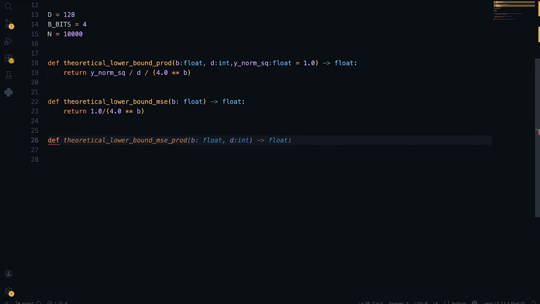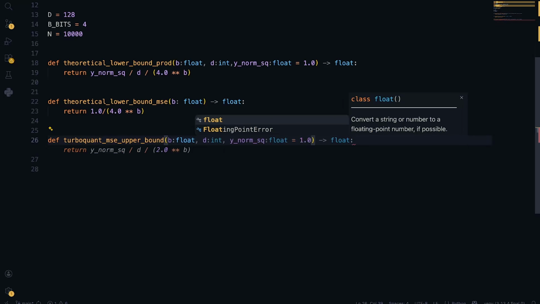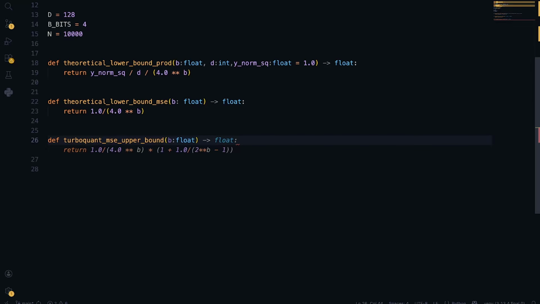Then next we will have the TurboQuant MSE upper bound. This will take again just b as float, and this will return a float value as well. For the return statement, let's define a variable first, a constant, so that the statement is not very long.